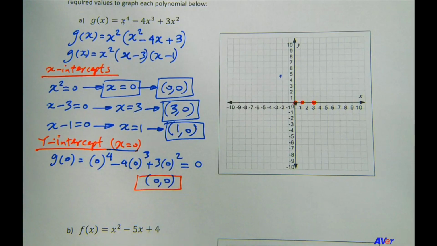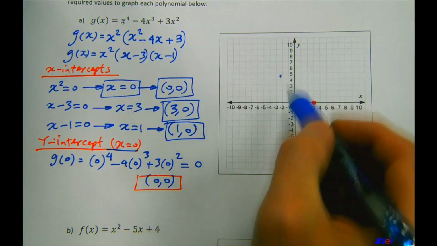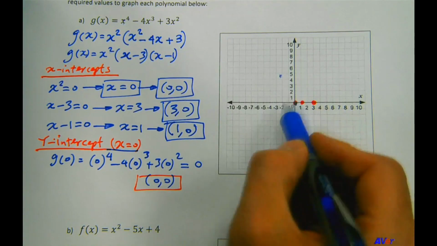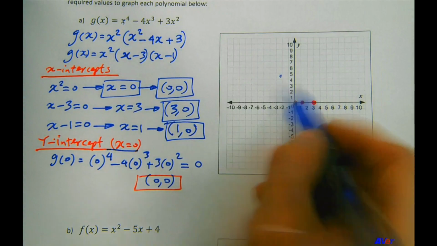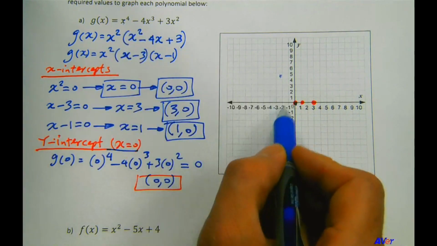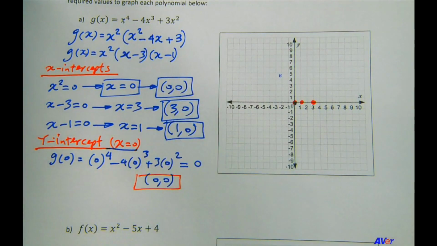Okay? And that's what I was saying. Sometimes you might have to do this. It's easy. All we have to do is pick some random value on the left side. Let's say x equals -2. Evaluate the function at x equals -2 and see what algebraic sign that value has. The function value itself is not important.